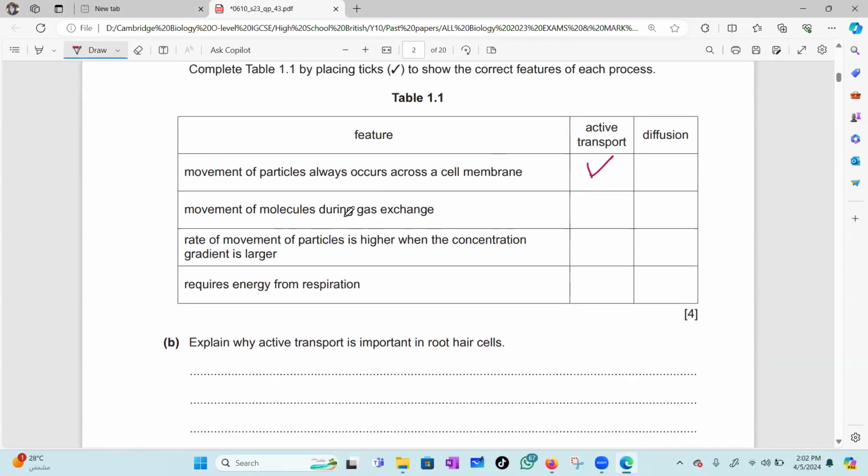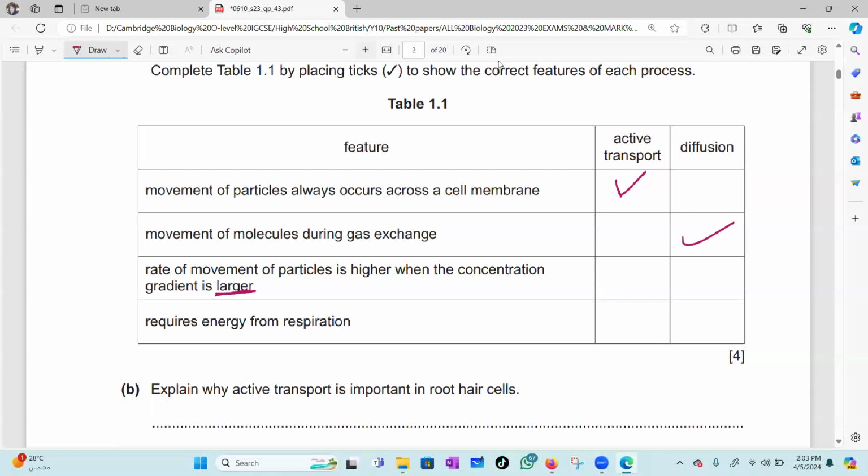Movement of molecules during gas exchange. So here we're talking about the gases. This is active transport or diffusion? Diffusion. Yes. Rate of movement of particles is higher when the concentration gradient is larger, when there's a difference in the concentration gradient. Active transport or diffusion? Active transport.